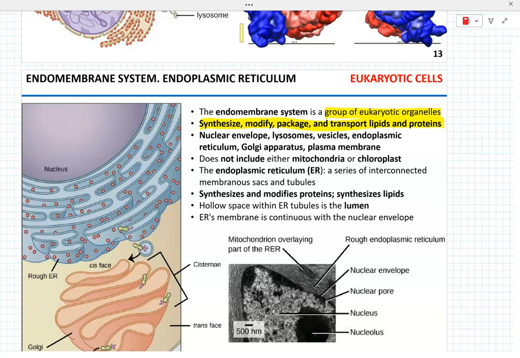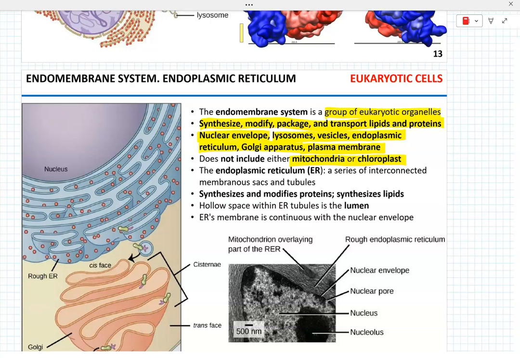Endomembrane system consists of a nuclear envelope, lysosomes, vesicles, endoplasmic reticulum, Golgi apparatus, and plasma membrane. Endo means inside, and membrane means, well, membrane, so inside membranes of the cell. Endomembrane system does not include mitochondria and chloroplasts, which are also surrounded by membranes, but their function is completely different.